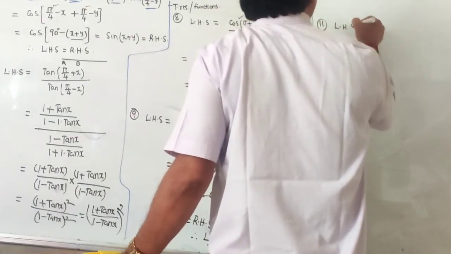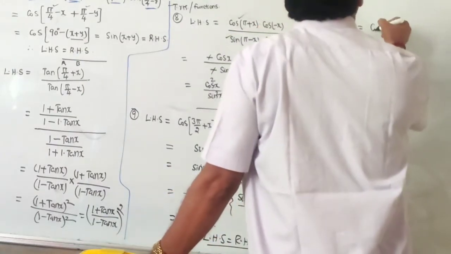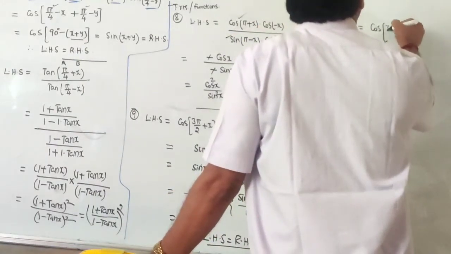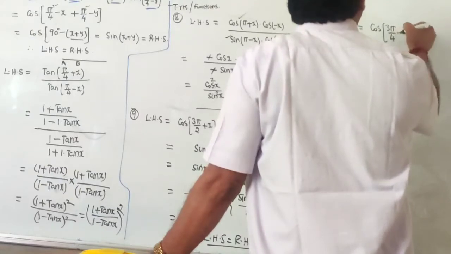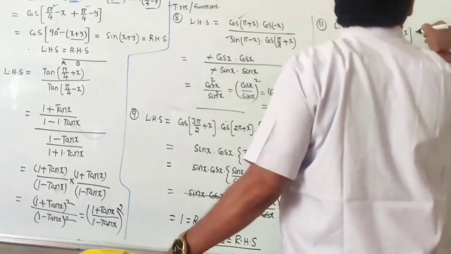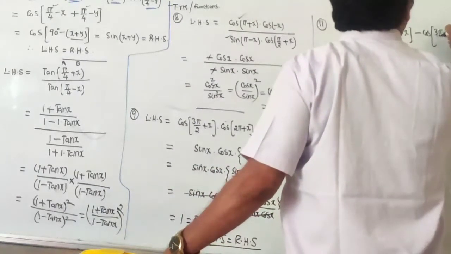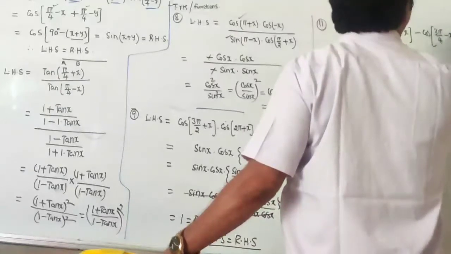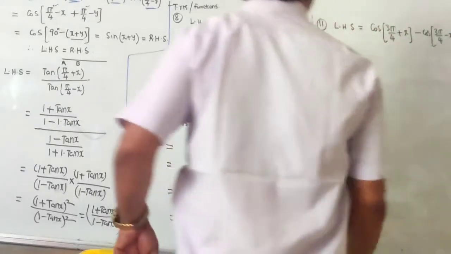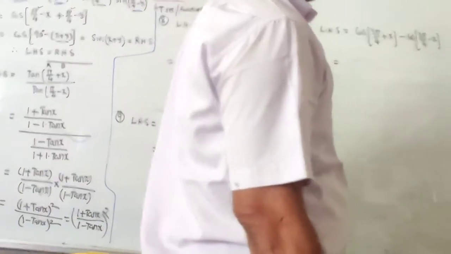Left hand side is equal to cos of 3 pi by 4 plus x minus cos of 3 pi by 4 minus x.